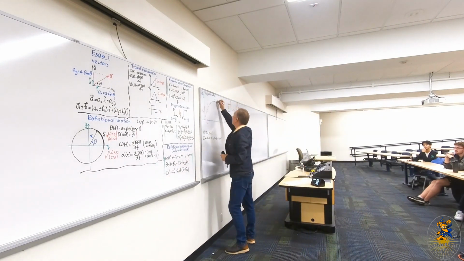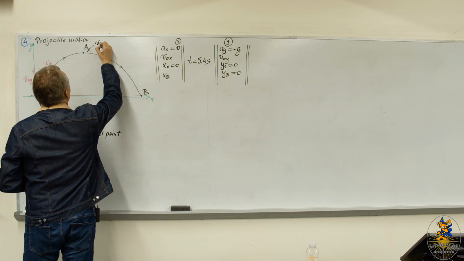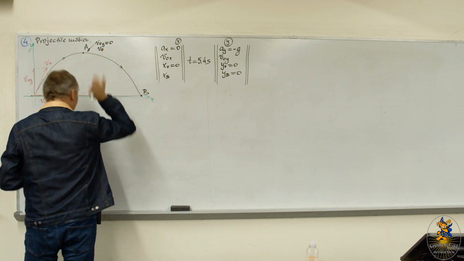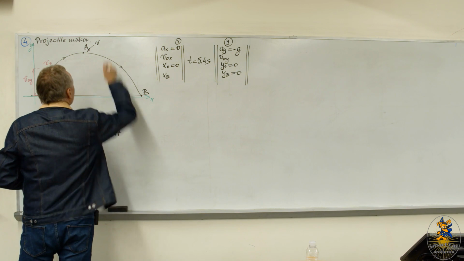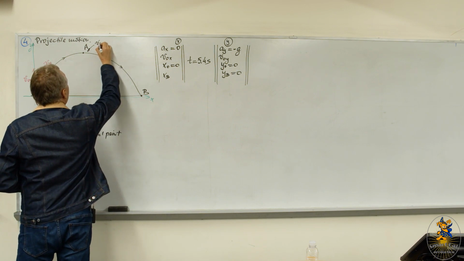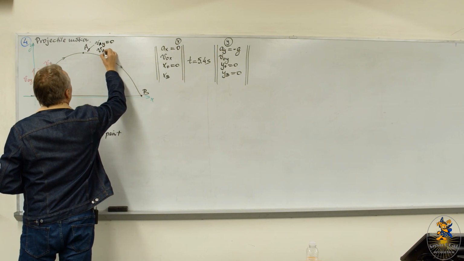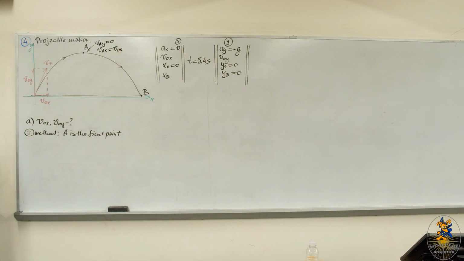Let me show that. So over here, V naught Y is 0. But of course, sorry, guys, A Y is 0. But the velocity X component equals the X component of the initial velocity. Right?